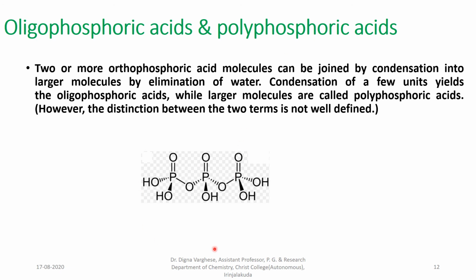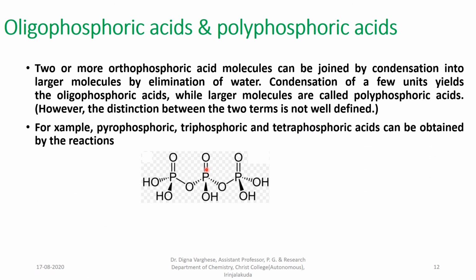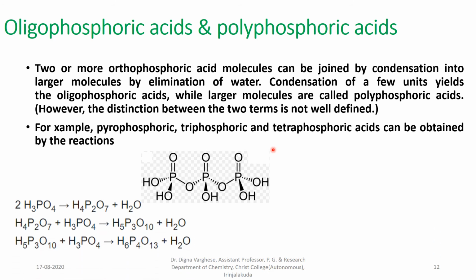Here we can see condensed phosphoric acids. For example, pyrophosphoric acid, and this is a triphosphoric acid molecule. Tetraphosphoric acid can be obtained by these types of reactions. For example, phosphoric acid is converted to pyrophosphoric acid with the elimination of water, which we have already studied.